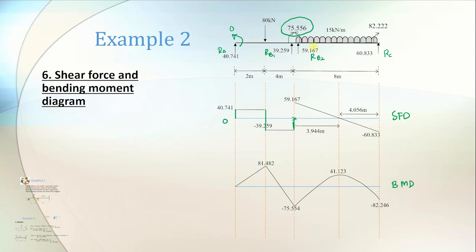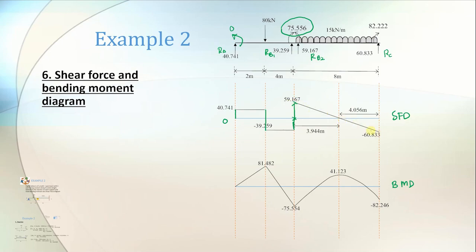And then for RB2, the next reaction, the next force that you see, 59.167, so it's going up again. You see there is a UDL 15 kilonewton per meter for 8 meter. Therefore 15 kilonewton per meter you have to multiply by 8 meter. You will get 120. This one is UDL, which means it is distributed evenly, so it goes down gradually.